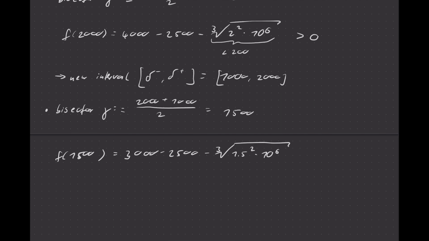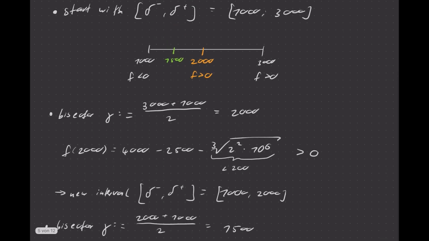So what we get is something like the third root of 1.5 squared times 100. So we can be reasonably sure this is less than, let's say, 200. And that means we still have a positive function value here. So f is still positive here.